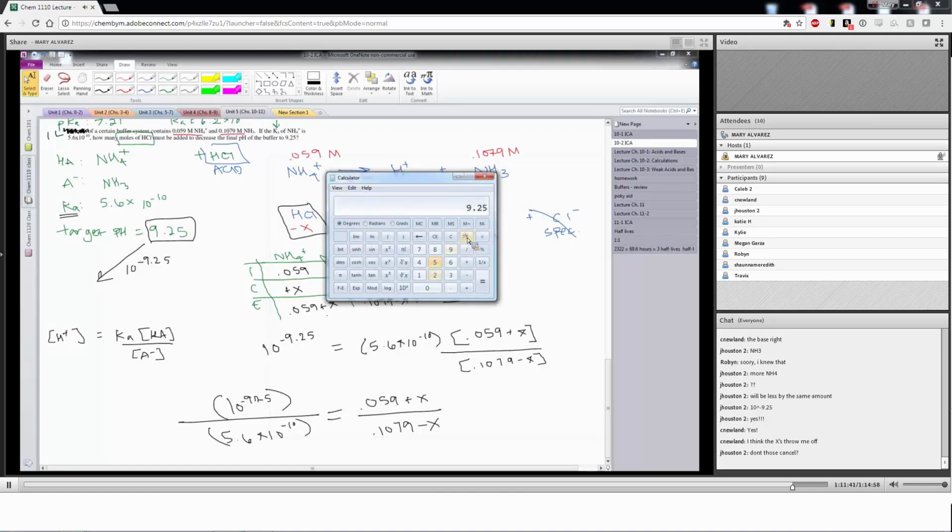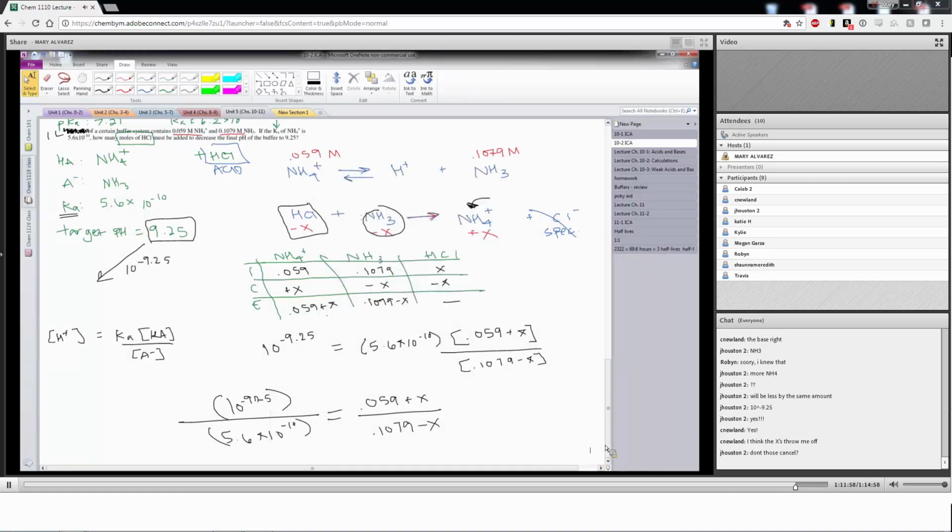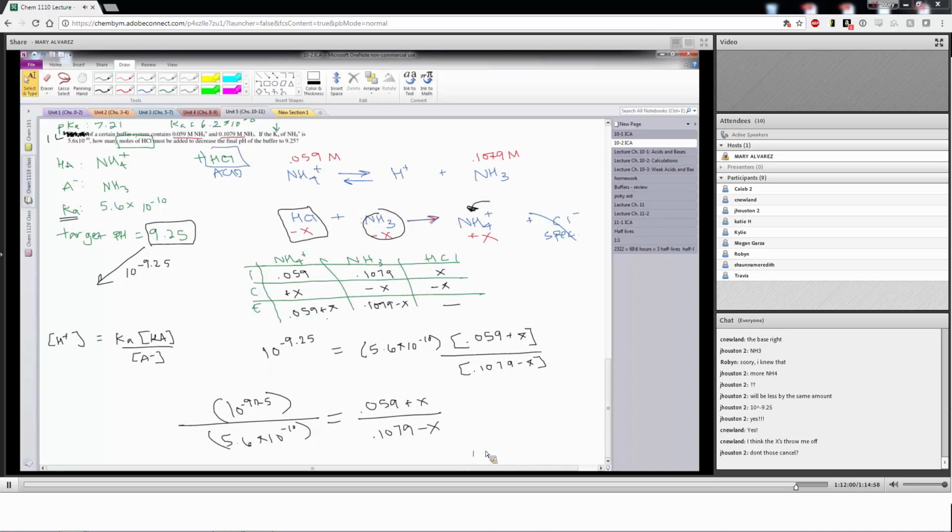10 raised to negative 9.25, divided by 5.6 times 10 to the negative 10th. Ooh, 1.00418, or 1.